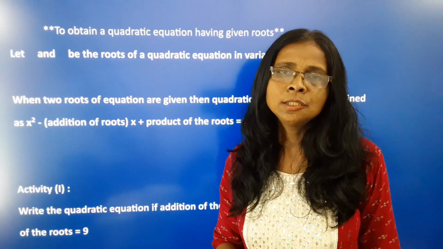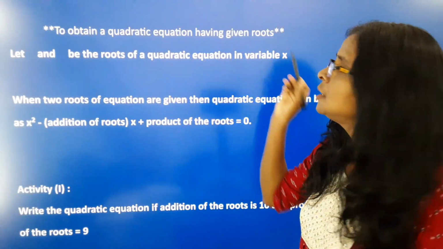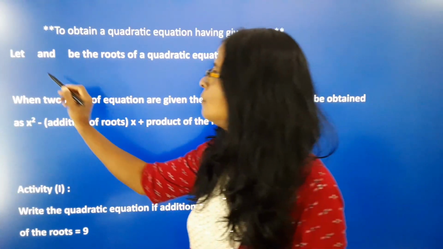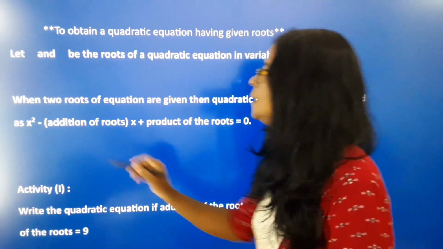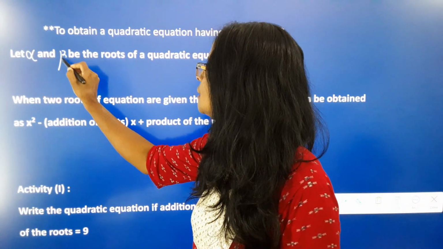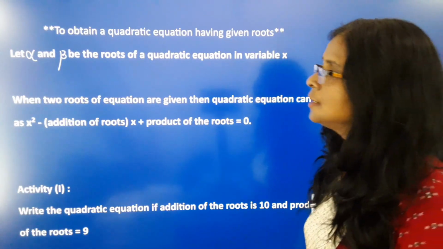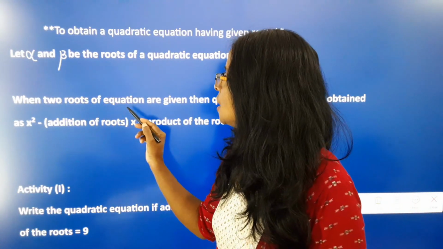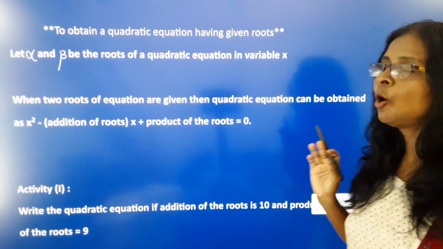See the next subtopic students, to obtain a quadratic equation having given roots. Okay, so now here see, let α and β be the roots of a quadratic equation in variable x. Then when two roots of an equation are given, the quadratic equation can be obtained.